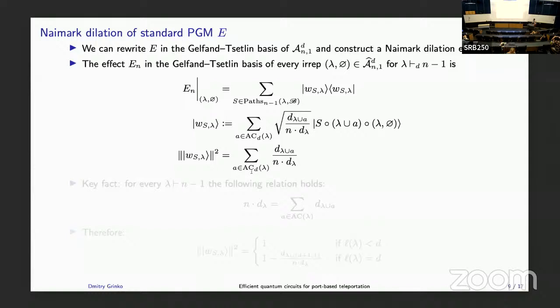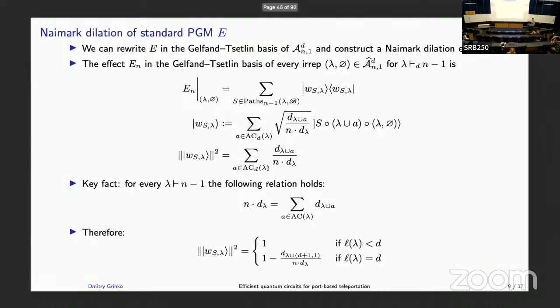What's important here is to keep in mind that this set of addable cells, sub D, appears here. On the other hand, it's a key fact from combinatorics that for any Young diagram the following relation holds. You can compare and see that the only difference is that we are missing some of the addable cells here.